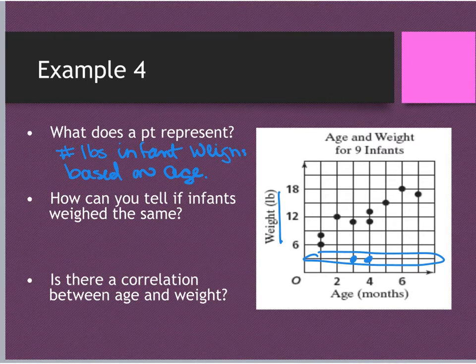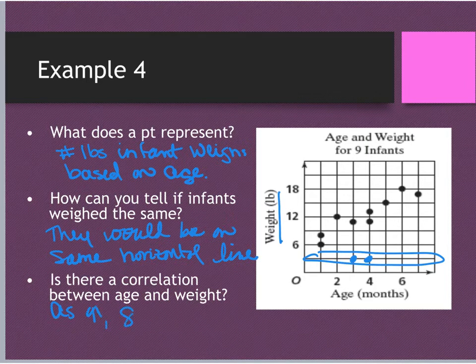So I'm going to say they would be on the same horizontal line. And then for part C, it says, is there a correlation between age and weight? When you look at this, as you go from left to right, it looks like as age increases, so does the weight.